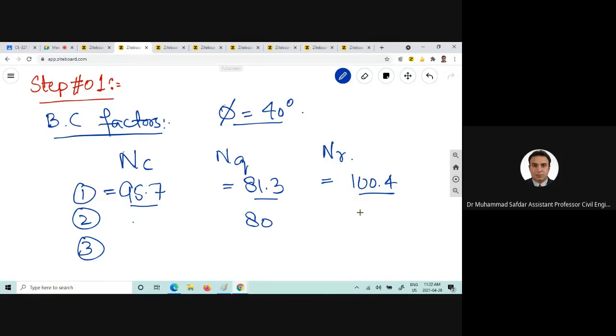So try with the figure, because usually the table won't be given in quizzes, assignments and exams as well. Usually the figure is given during the exam. So I want you to try how accurate you are going to get the values for the bearing capacity factors.